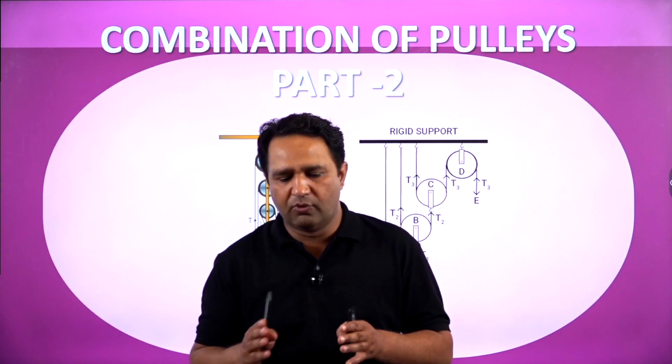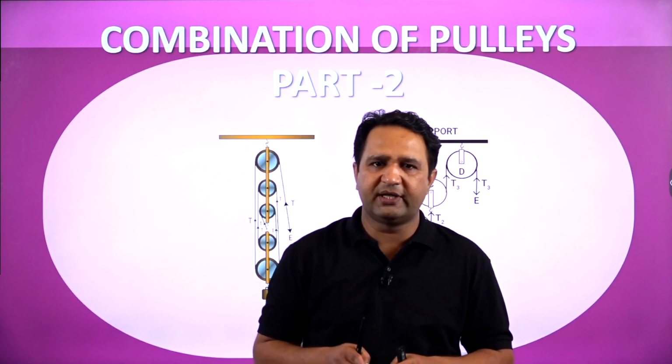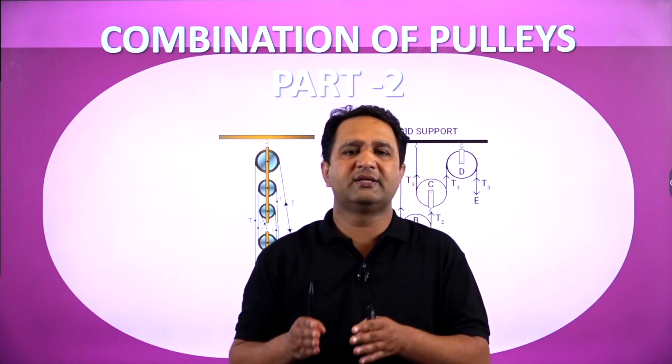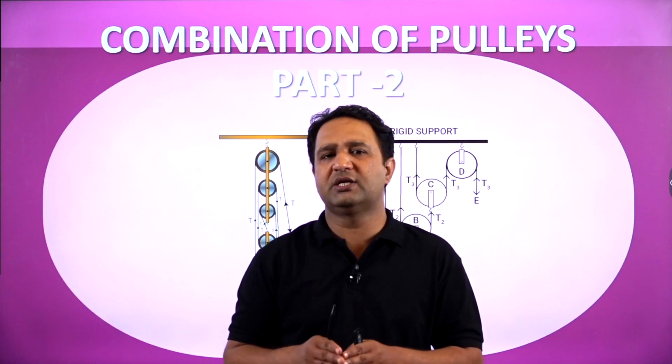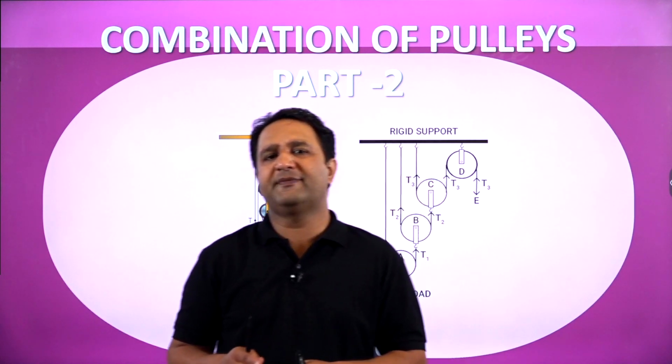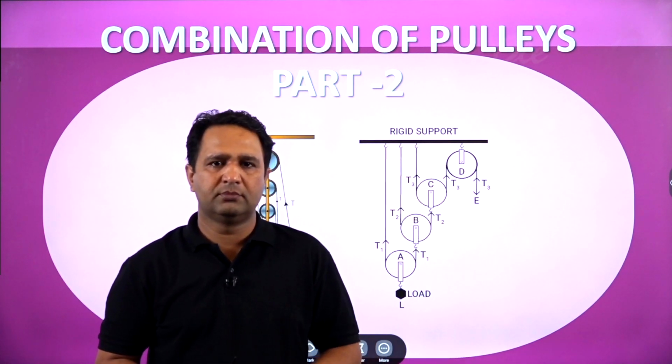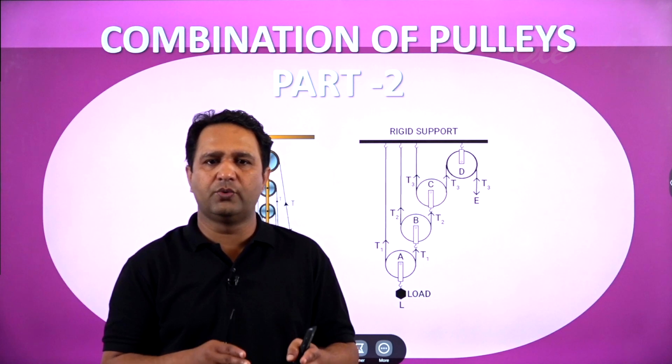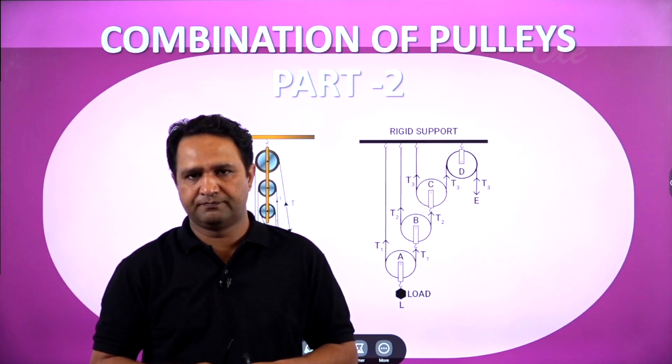In the single movable pulley the mechanical advantage was 2, hence we can say we were using it as a force multiplier. But to uplift a very heavy load, a mechanical advantage of 2 is not sufficient.